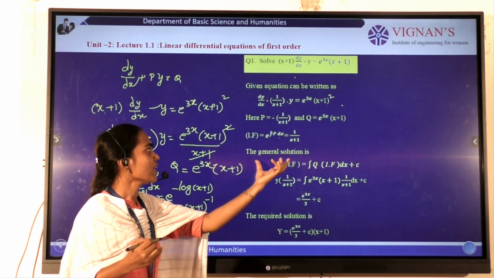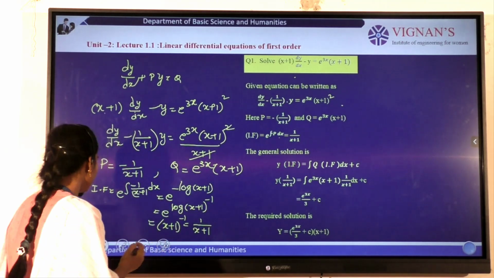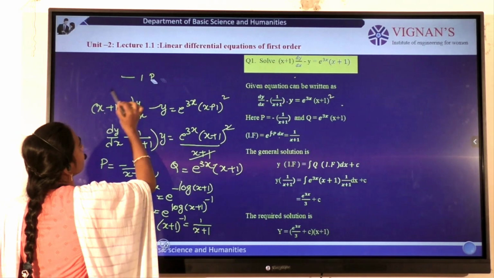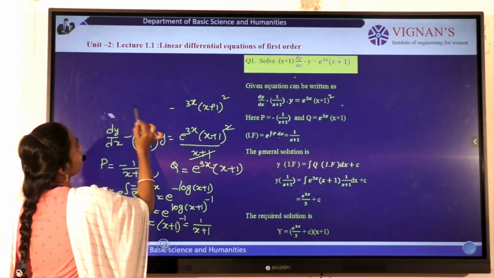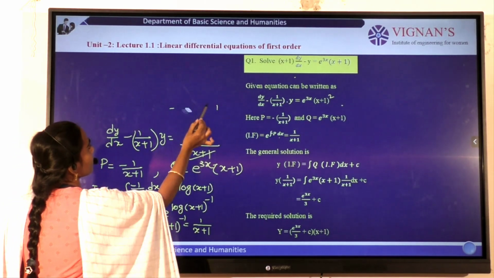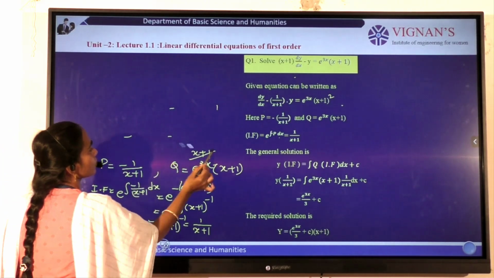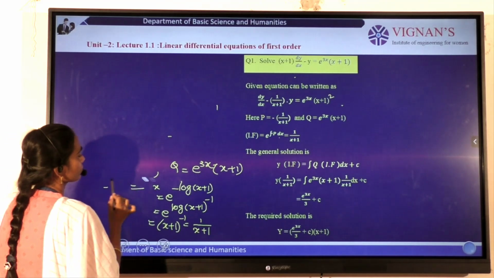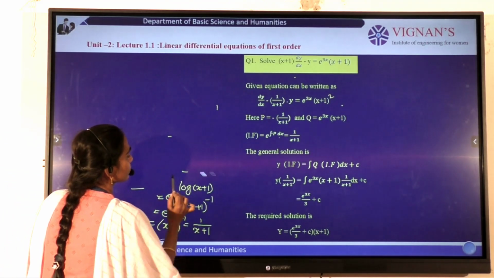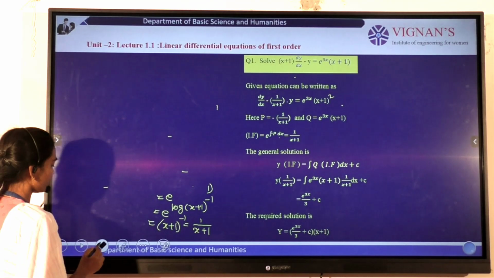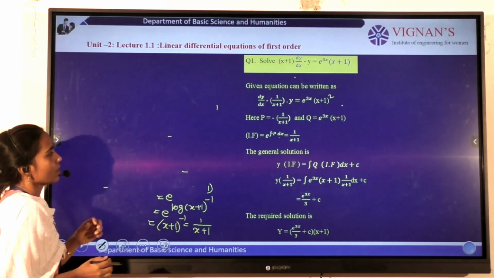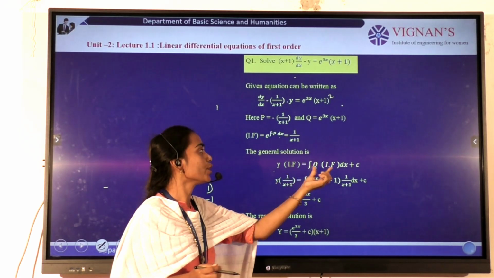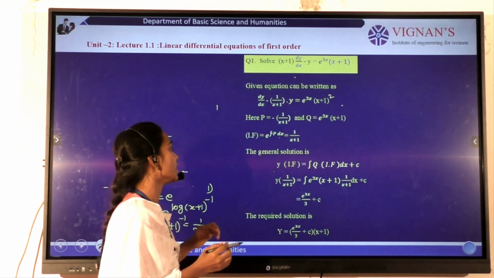That is our integrating factor, 1 by x plus 1. Now, let us find the general solution. The general solution of this is y into integrating factor equal to integral q into integrating factor into dx plus c.